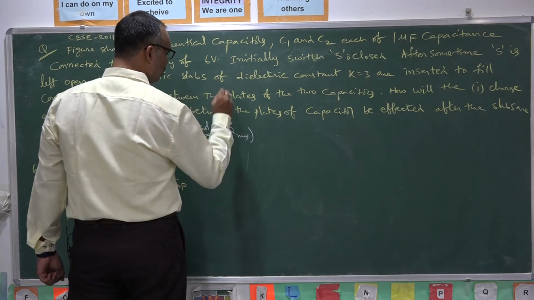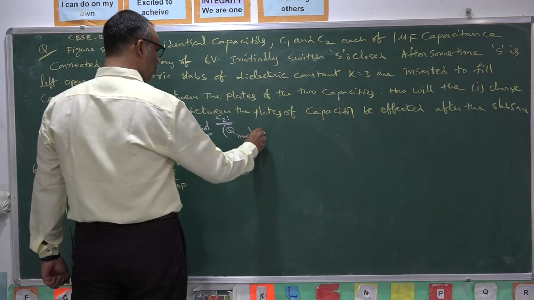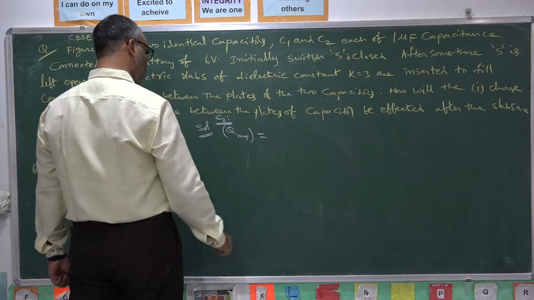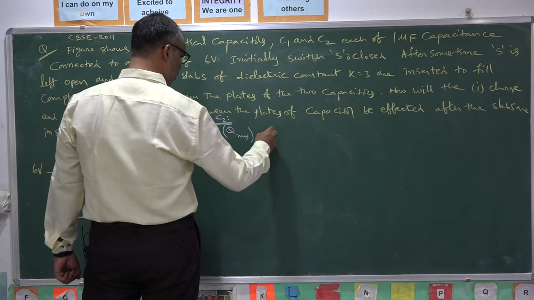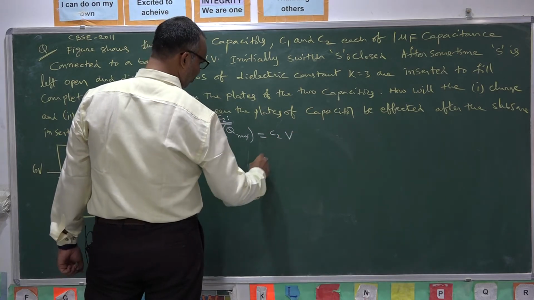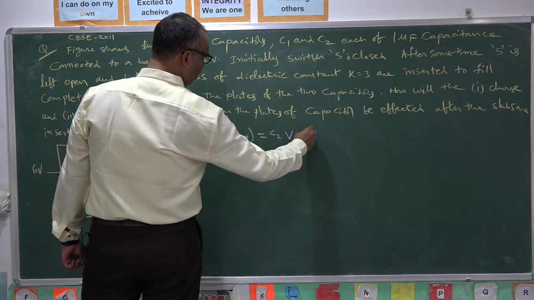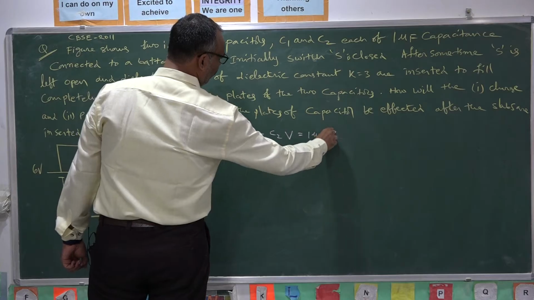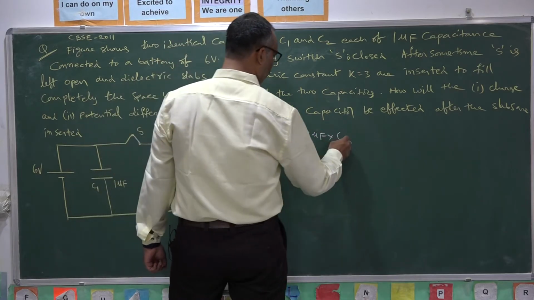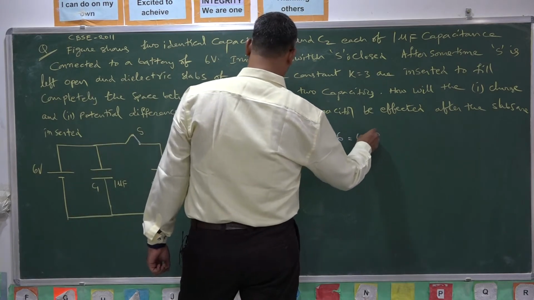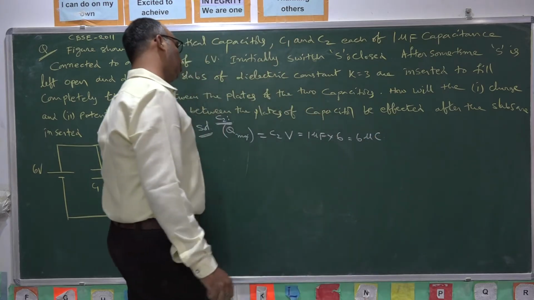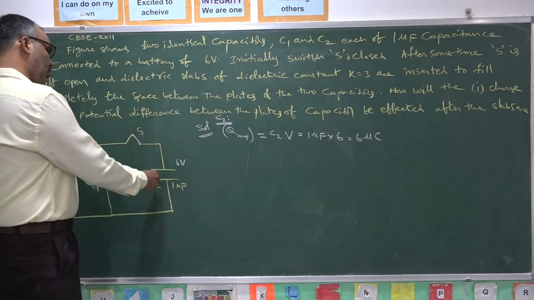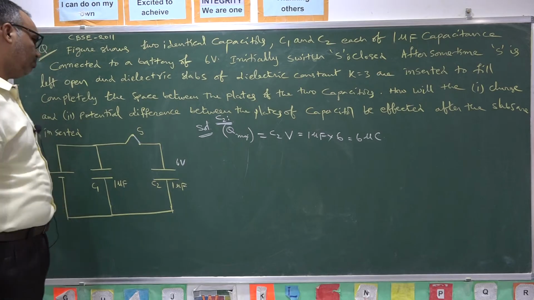The maximum charge that can be stored by it is Q equal to CV, that is C2 into V. C2 is 1 microfarad, voltage is 6 volts. So 6 microcoulomb is the maximum charge that can be stored in capacitor C2.